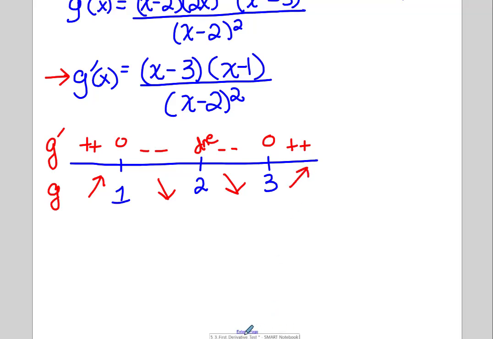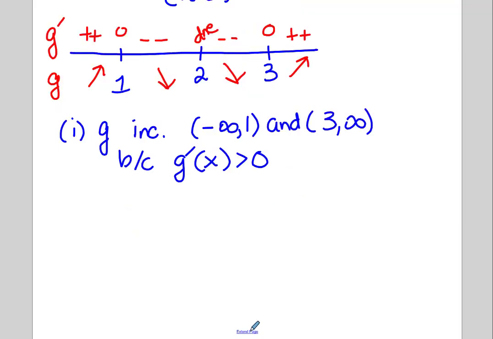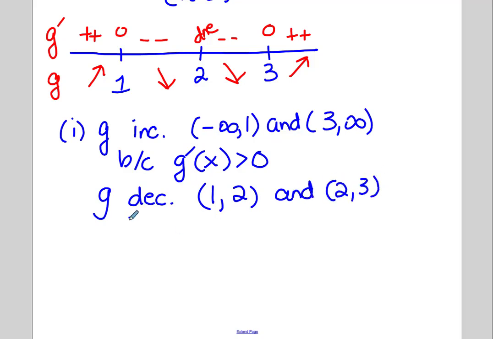And they want us to give increase and decrease. So we can say that g is increasing on negative infinity to 1 and on 3 to infinity because the derivative is positive there. And we know that g decreases on the other intervals from 1 to 2 and from 2 to 3. And the reason is the derivative is negative there.